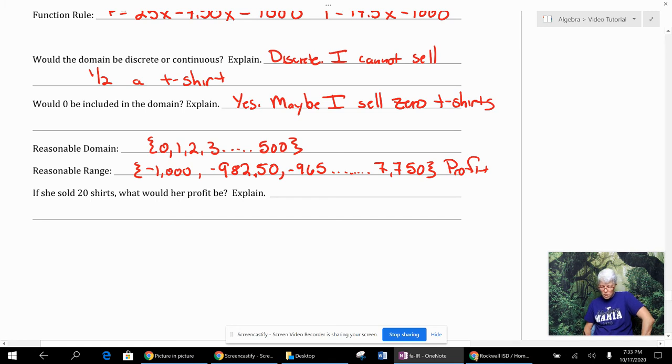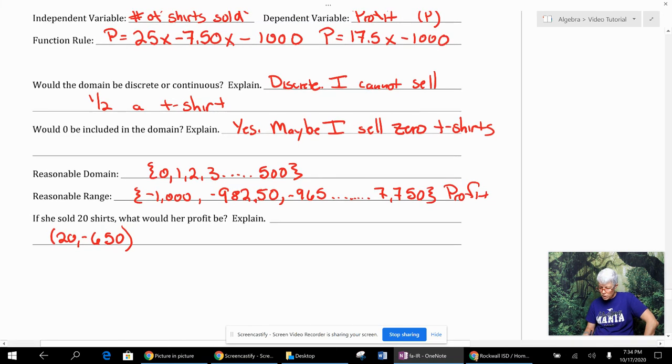All right. So if she sold 20 shirts, well, if I do the math, 20 shirts wouldn't cut it. I would still owe $650, because if I put 20 into my formula, it would still come out as negative $650.